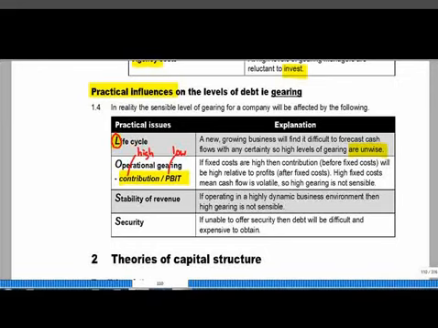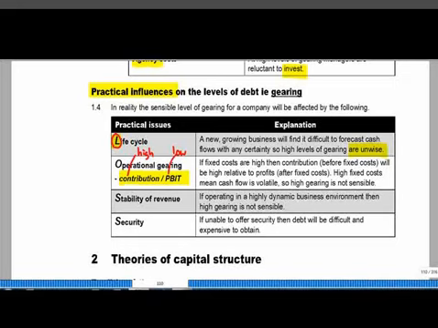Secondly, you might be a business with high levels of fixed cost. So if you're an airline, you might have quite high contribution because that's sales revenue less variable costs, and your variable costs of operating are quite low. An airline may well have high contribution and low profits because profits are calculated after fixed costs.